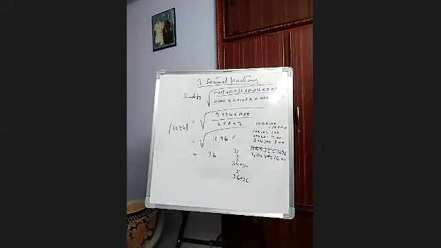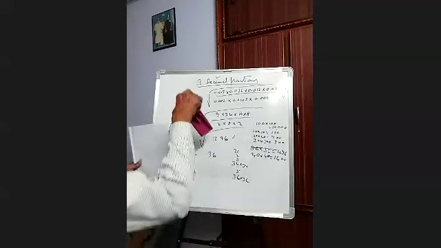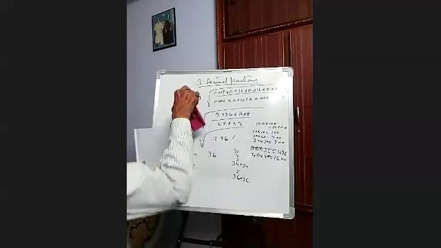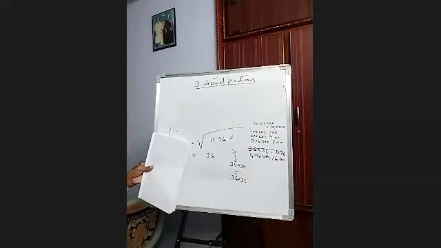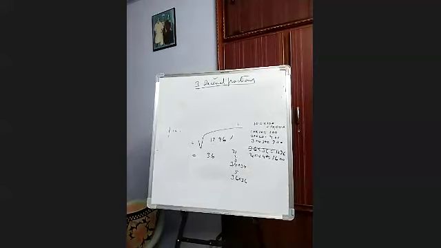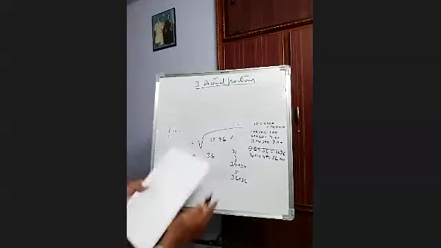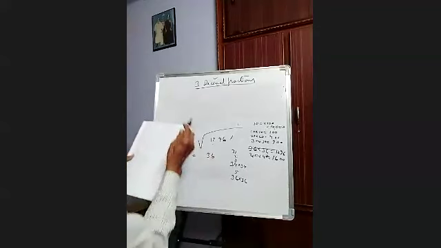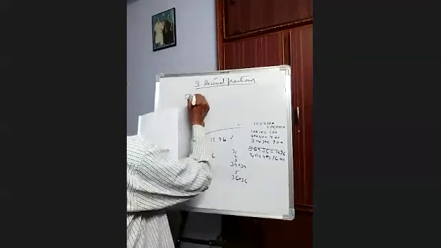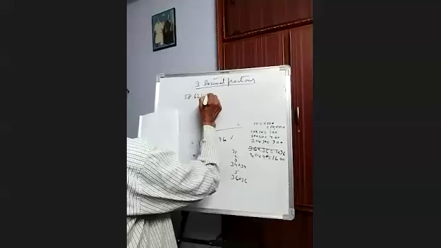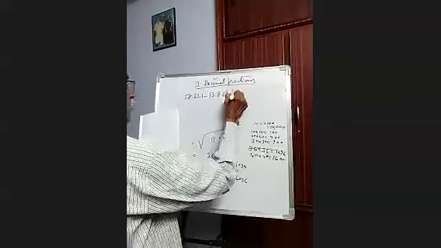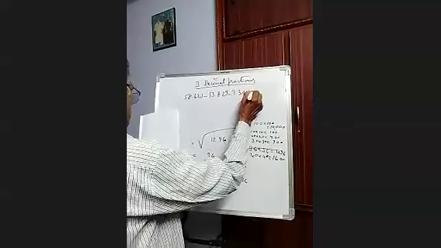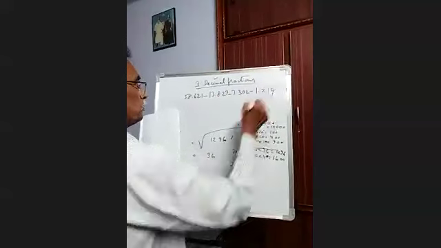Next in the exercise, problems in the exercise. 58.621 minus 13.829 minus 7.302 minus 1.214.